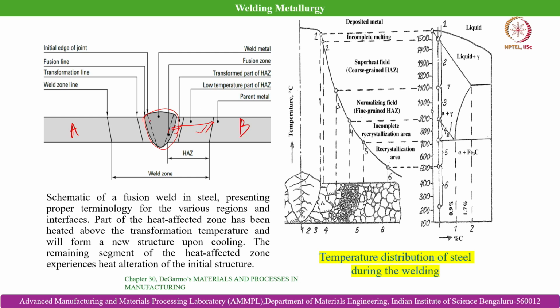And here you can see this is the initial edge of the joint, that is initially prepared, because I have drawn several times for you the example of a single V butt joint.